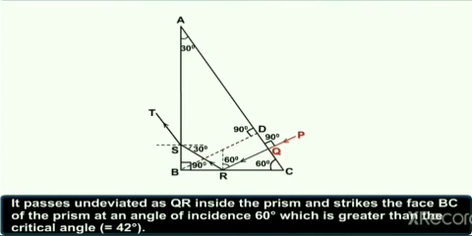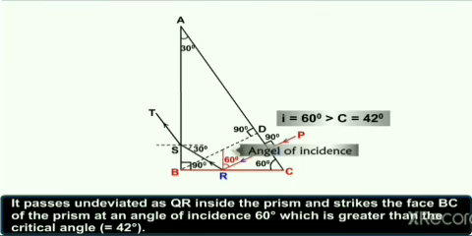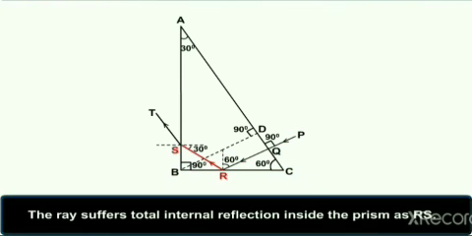It passes undeviated as QR inside the prism and strikes the face BC of the prism at an angle of incidence of 60 degrees, which is greater than the critical angle, equal to 42 degrees. The ray suffers total internal reflection inside the prism as RS.